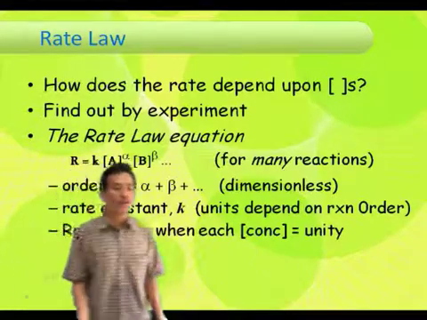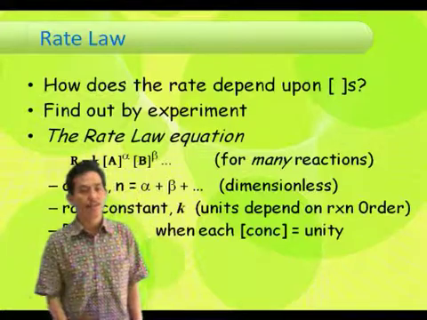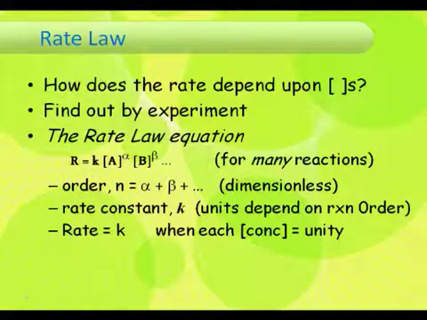I already showed you that the rate law equation is equal to the rate constant times the concentration of each reactant powered by the reaction order. The rate constant K depends on the reaction order, and the rate equals K when each concentration equals unity.